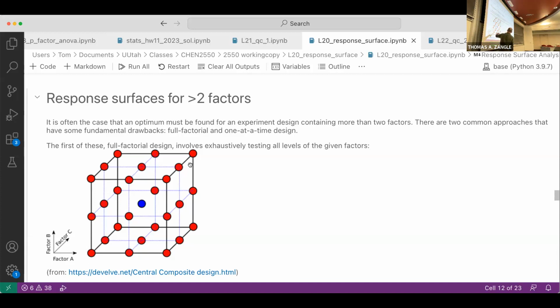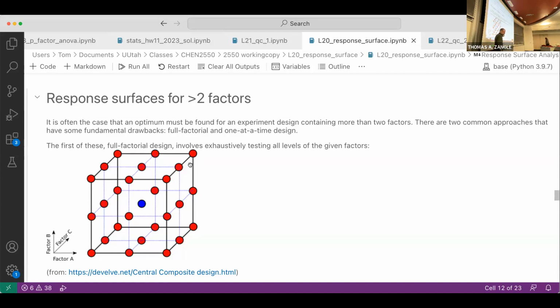Then full factorial design would involve testing every single one of those combinations of levels. In this case, that would be 3 times 3 times 3, or 27 total different combinations of all of the factors. Exhaustively testing all levels of the given factors is full factorial design.